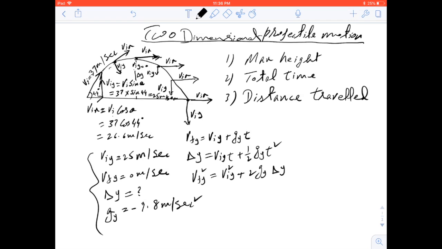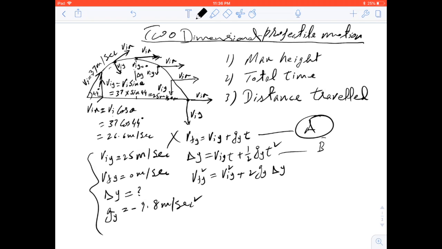If we see the first equation A, we cannot use this equation because we cannot calculate delta y. Delta y is not in this equation, so we'll cross this out.